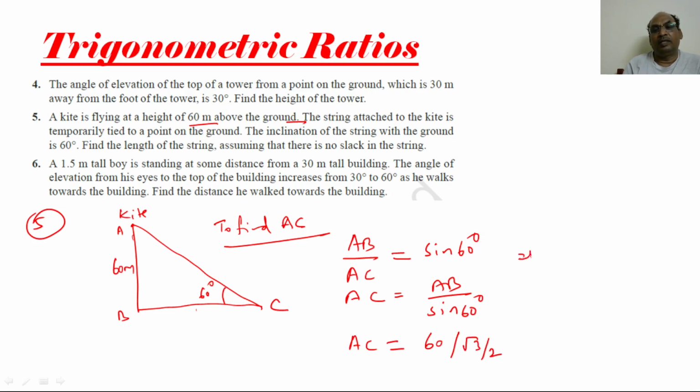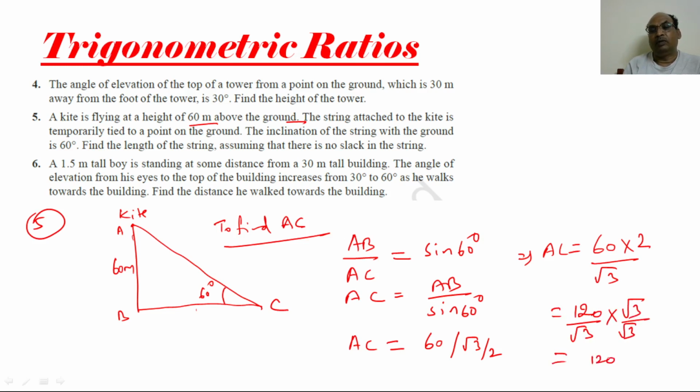So AC will be equal to 60 into 2 by root 3, that is 120 by root 3. Again we multiply by root 3 by root 3, and it gives us 120 root 3 by 3. We cancel 120 by 3, so it is 40. So AC is equal to 40 root 3 meter.